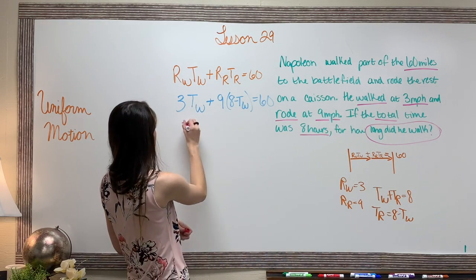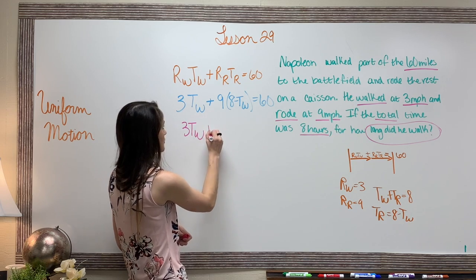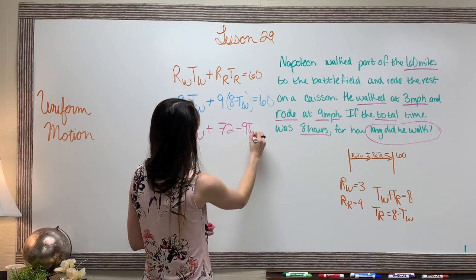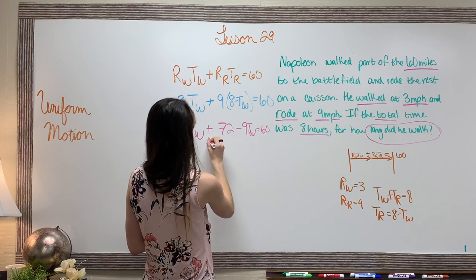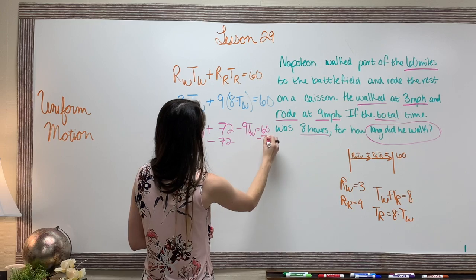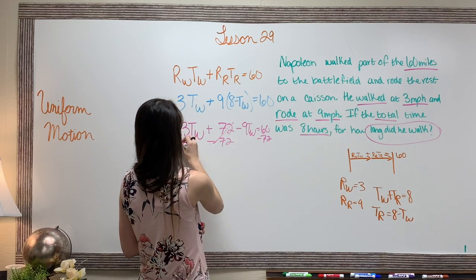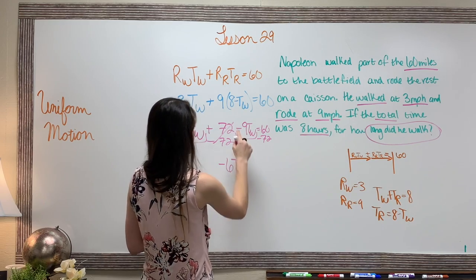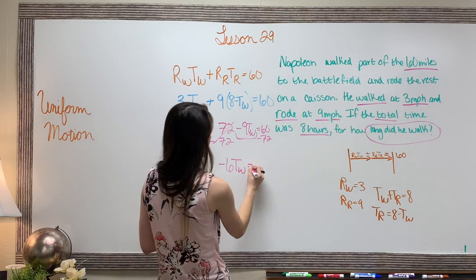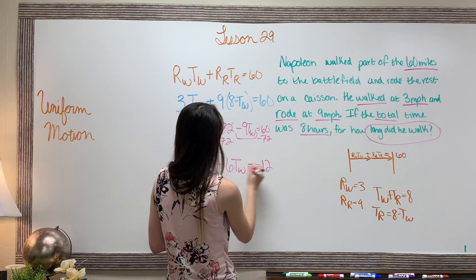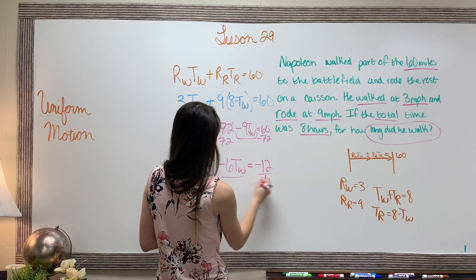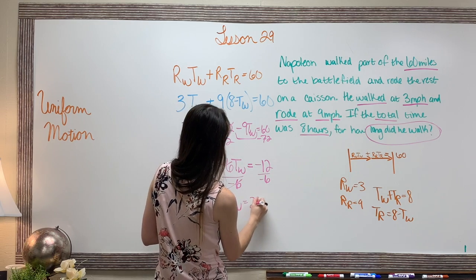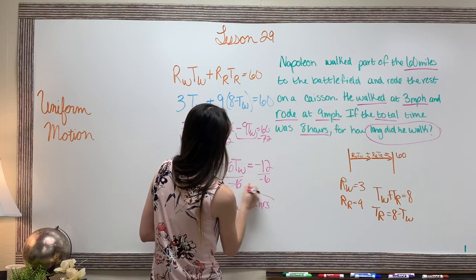Okay, so 3TW plus, this is going to be 72 minus 9TW equals 60. So we're going to subtract 72. And we're also going to add our like terms. So this will be negative 6 TW because we have negative 9 plus 3 equals, and then this will be negative 12. Divide both sides by negative 6. And TW equals 2 hours. And so there we go.